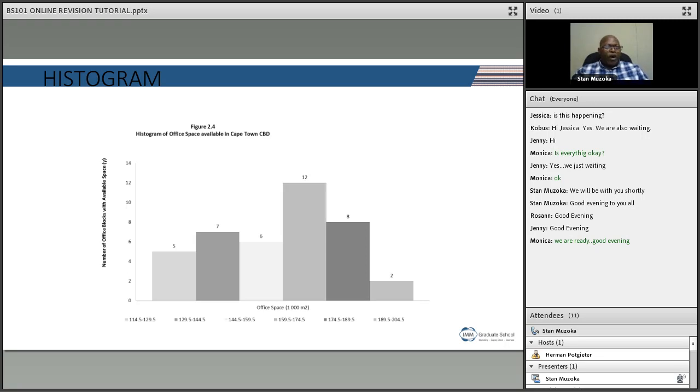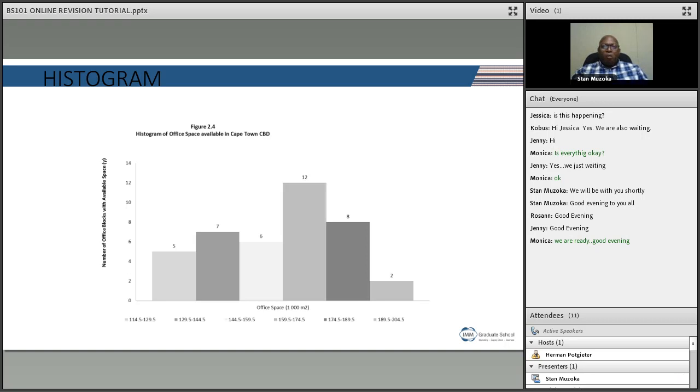Please watch out for what is in your textbook. It might be misleading where there is space in between. A histogram does not have spaces in between. What has spaces in between will be your bar chart.